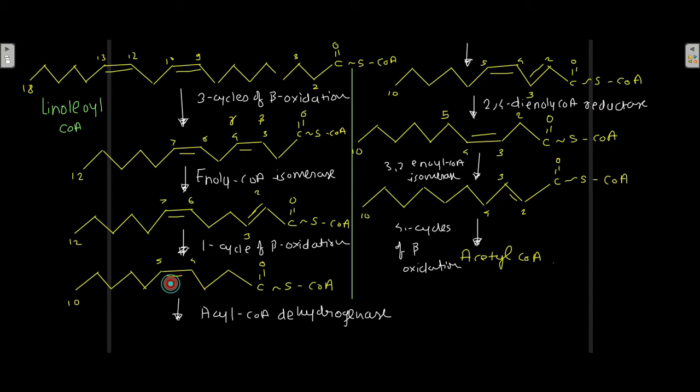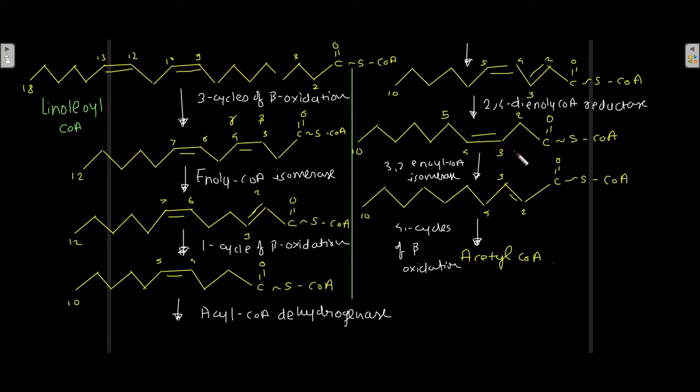Now there is again a double bond here, and it is subjected to acyl coenzyme A dehydrogenase, and due to that there is a double bond here and a double bond here. Then this is subjected to 2,4-dienoyl coenzyme A reductase, and as you can see there is a double bond between 4 and 5, but here there is a double bond between the 4th carbon and 3rd carbon.